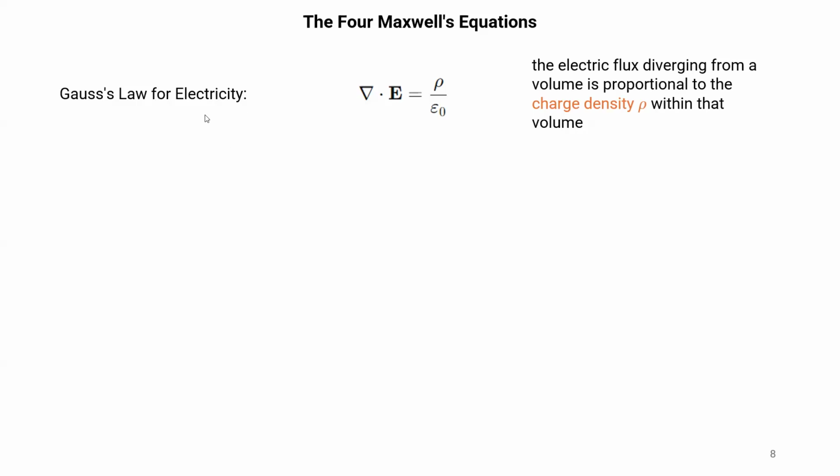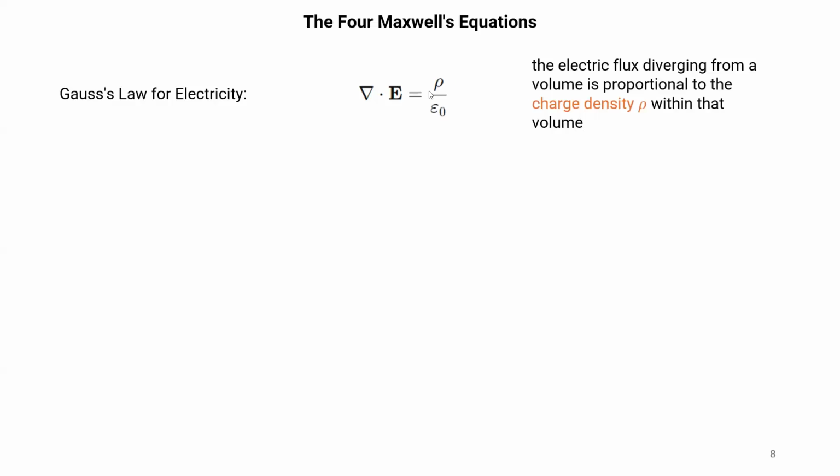All right, so the first Maxwell equation is the so-called Gauss law for electricity. You see the divergence of the electric field is equal to rho over epsilon 0, right?